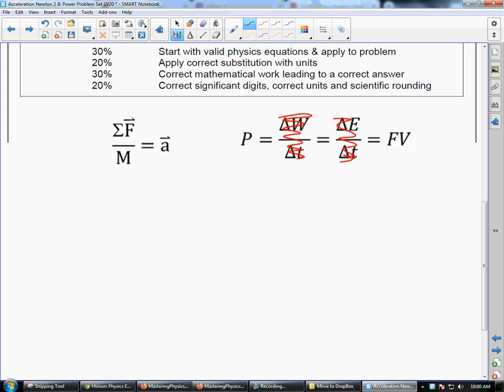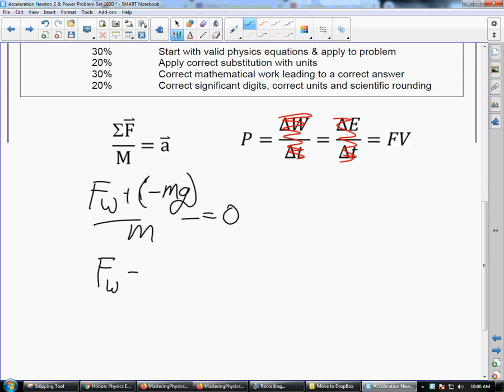So for the force on my fly here, I have the force of the wall up plus negative mg, the weight of the fly, over m equals 0. Therefore, the force of the wall equals the mass of the fly times the gravitational field strength.